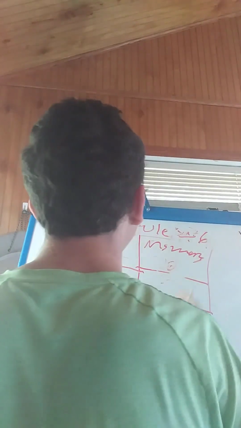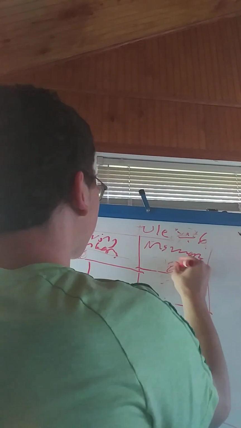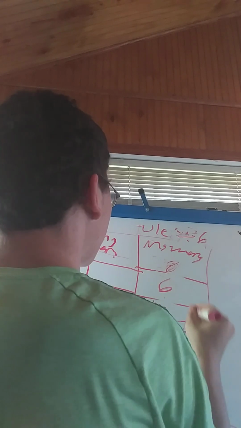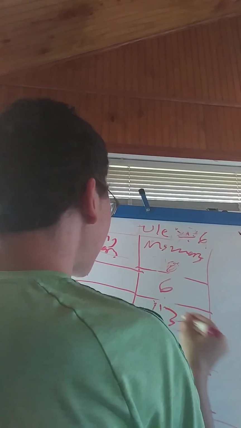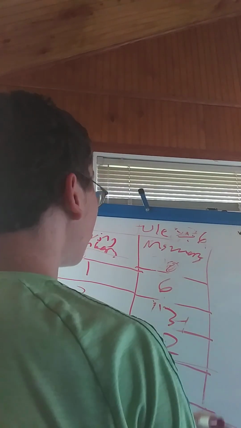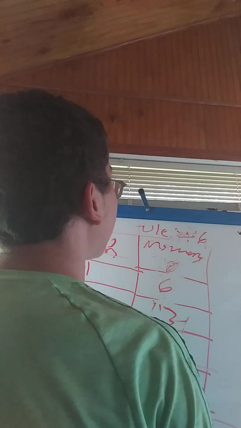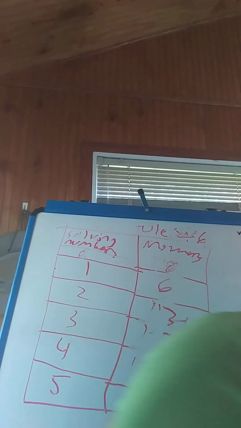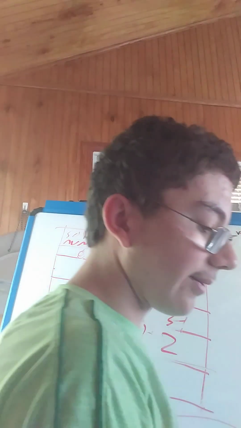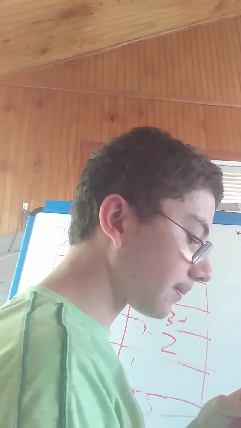So divided by 6. 6 divided by 6 is 1. Let's see, 0 divided by 6 is 6. 1 divided by 6 is 6. 2 divided by 6 is 3. 3 into 6 is 2. 4 into 6 would be, let's see, what is 4 divided by 6?